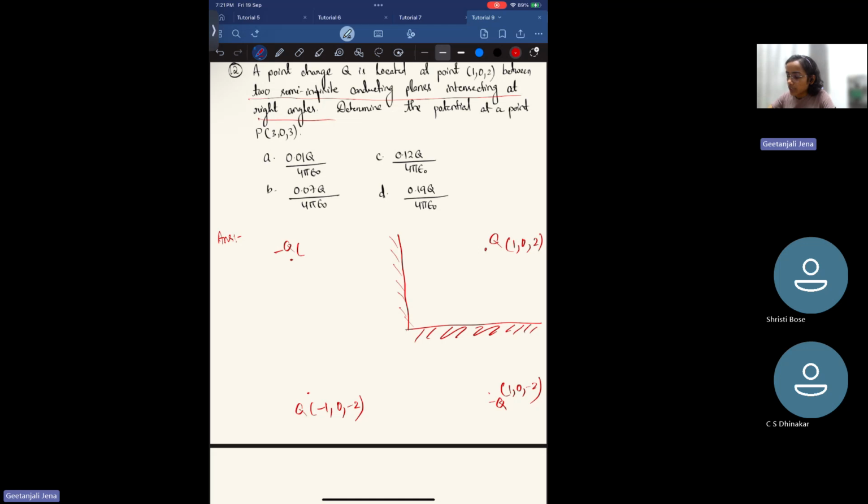We are considering the xz plane, so don't confuse it with the xy plane. This is the distance d1, this is d2, this is d3.